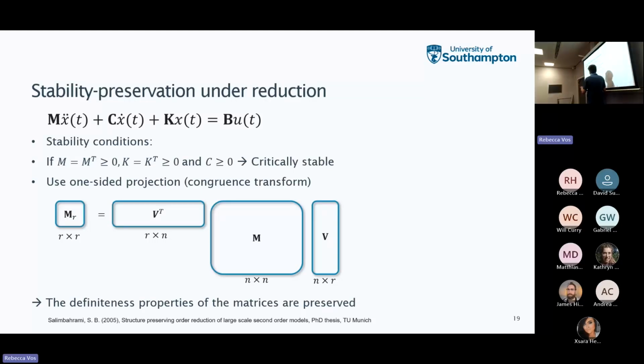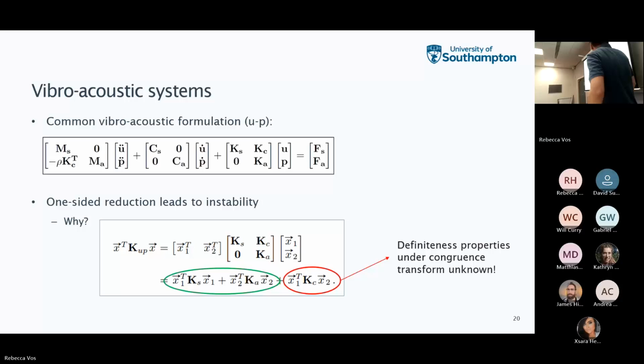So how are we going to do this? We're using one-sided projection. As I mentioned, this preserves the definiteness properties of the matrices. That's the reason why we use that. I'll give you an example of how we did this stability preservation for interior vibro-acoustic systems. A common formulation to solve it in the time domain is this UP formulation, as we call it. U is the displacement of the structure, and P is the acoustic pressure.